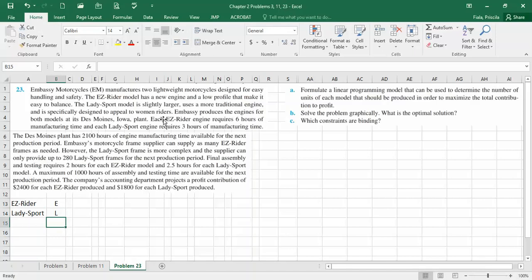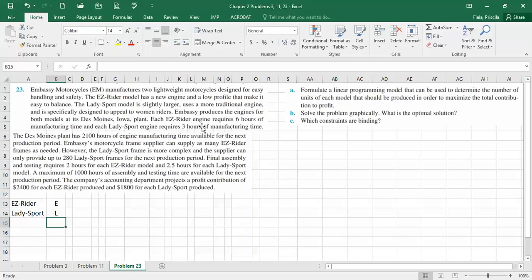Let's continue. Each Easy Rider engine requires 6 hours of manufacturing time, and each Lady Sport engine requires 3 hours of manufacturing time, and the company has 2,100 hours of engine manufacturing time available for the next production period.